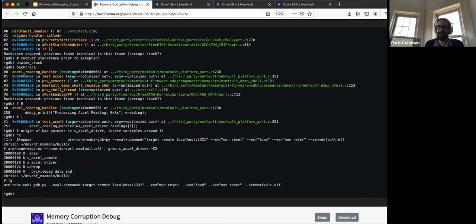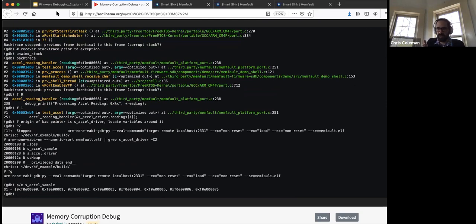So that's suspicious. And when we print the sample buffer itself, what we see is there's a bunch of these 0F0E values. So what happened is we wrote past the buffer, and we corrupted the pointer, and that's what actually triggered the fault in the first place.